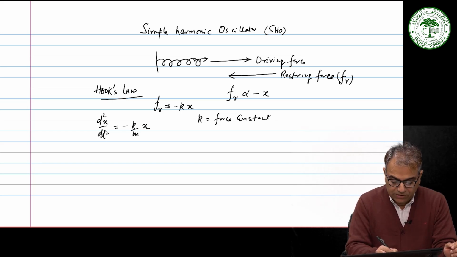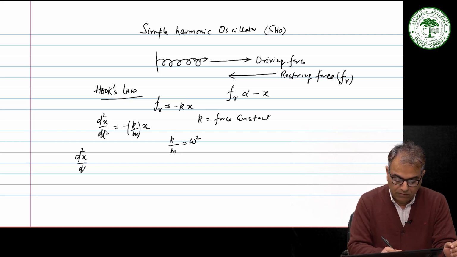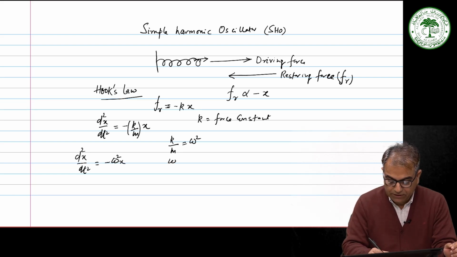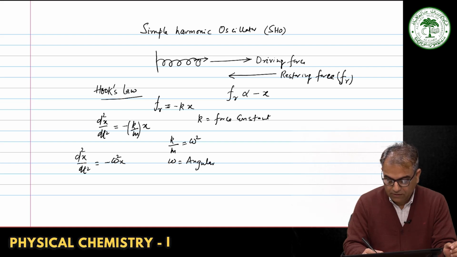Now, if I write this k over m as omega square, then this will be written as minus omega square x, where this omega we call the angular frequency, and which has a unit of radian per second.